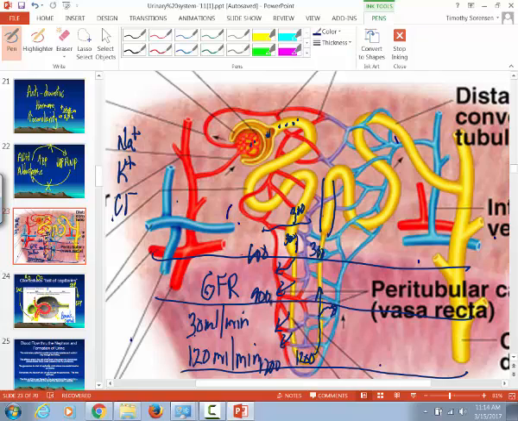In the thickened portion of the ascending limb, these are reabsorbed together. 1 sodium, 1 potassium, and 2 chloride. And the reason it's 2 chloride is you have to maintain the law of electroneutrality. Who's with me?